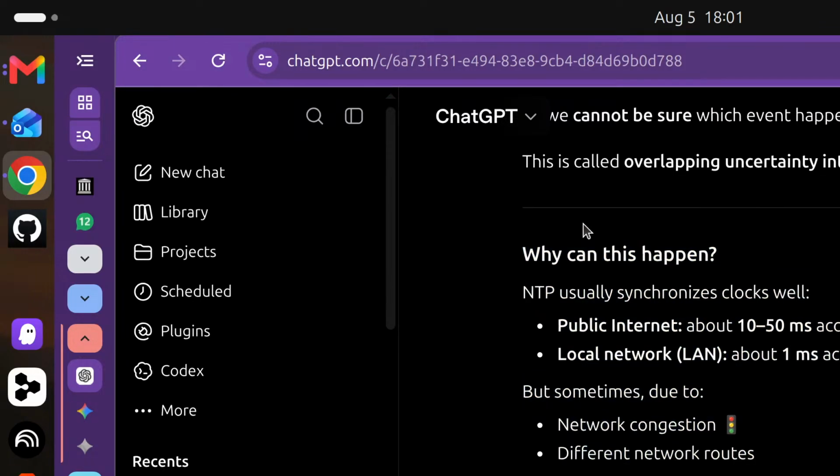Let me ask this: why can clock error become 100 ms or more, and how? Explain in simple language.